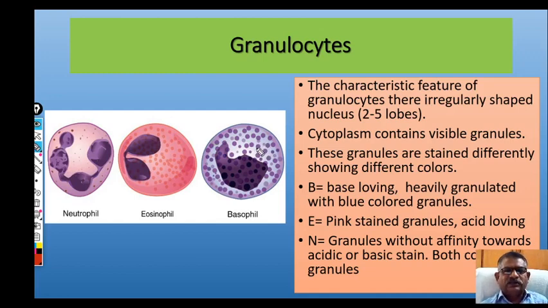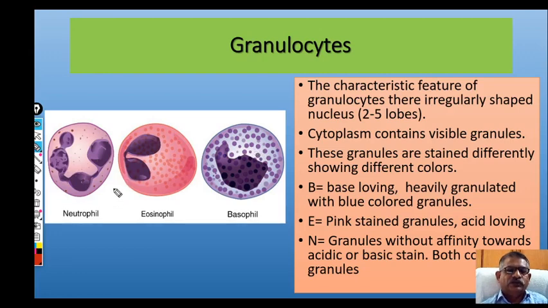The granules in basophils are base loving, so they will be stained by basic dye and appear blue to violet in color. Though the nucleus is bilobed, it is heavily granulated compared to eosinophil, and the color of granule is blue to violet because of affinity towards the basic dyes.